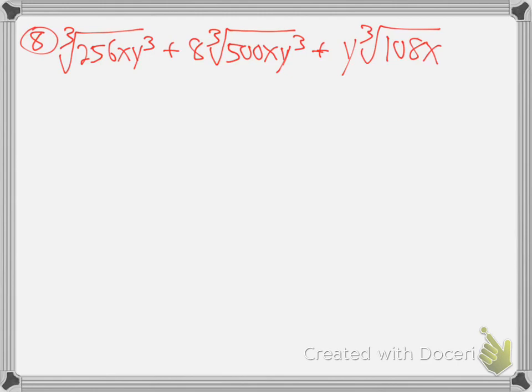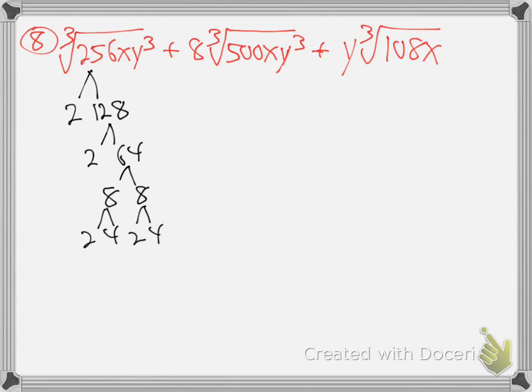So just break them all the way down. Give you a sec. All right, so what times what is 256? If you divide by 2, that's 128. And then 64, 8 times 8. It's just going to be a bunch of 2s, isn't it? Look at all this.